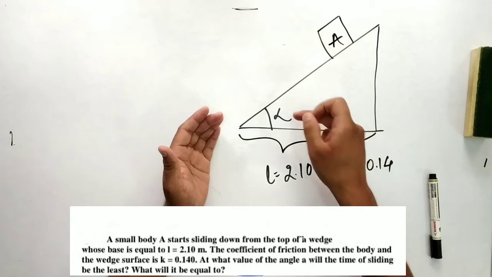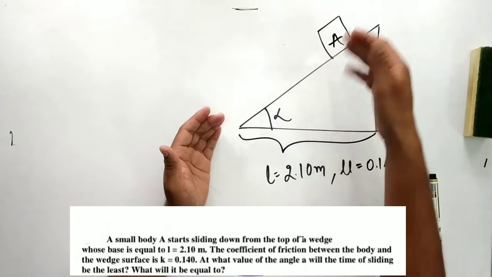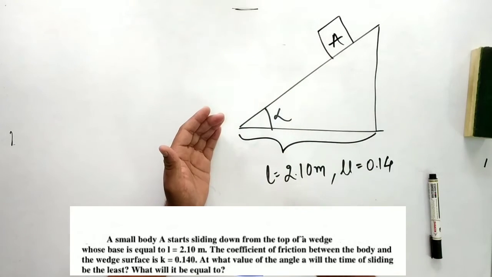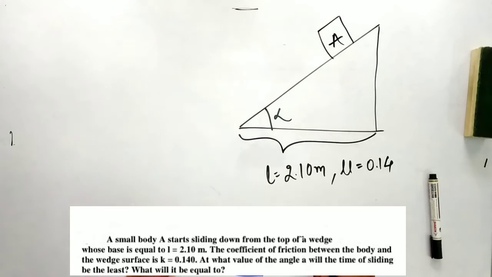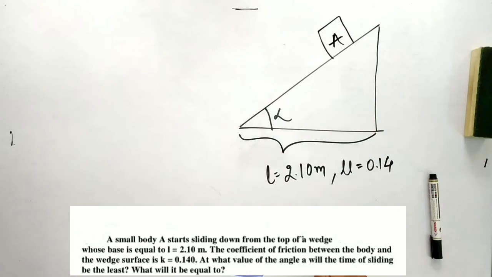We have to find the angle alpha for which the time of slide is minimum. We have to find the value of alpha for which the time taken by the body to reach the bottom of the inclined plane is the minimum.